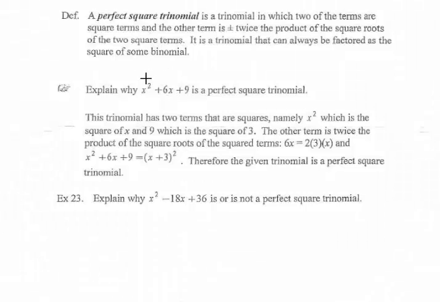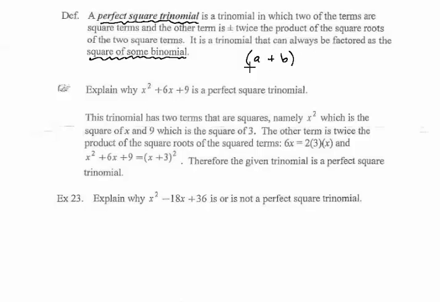Okay, this is a new way to factor a particular type of trinomial, and these particular trinomials are the result of squaring a binomial. So what do I mean by squaring a binomial?